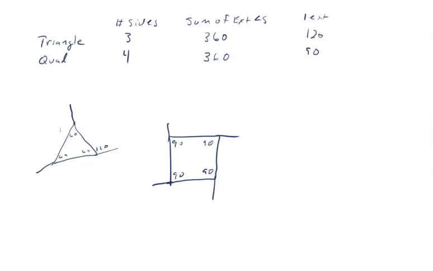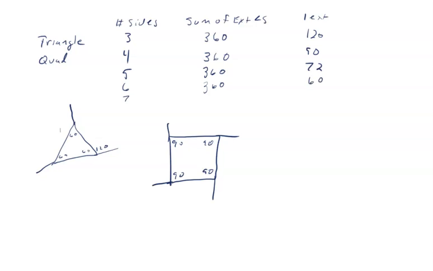So again, hopefully you did that. You paused the video. You figured out that for a pentagon, you have 5 sides, 360 degrees, and 108 would be 72. And for 6, you got 360 and 60.